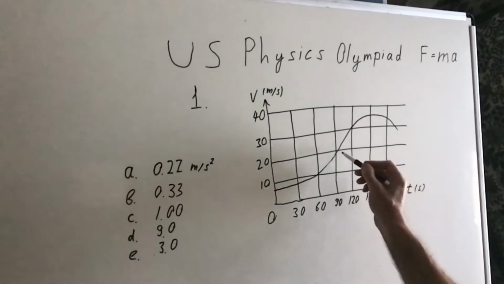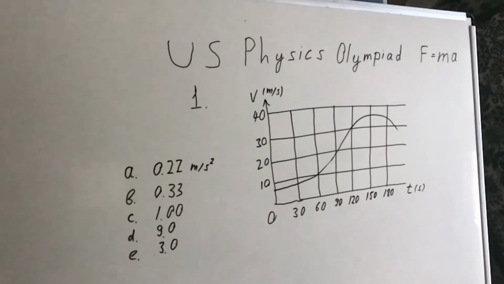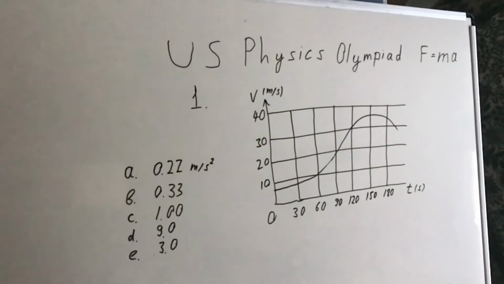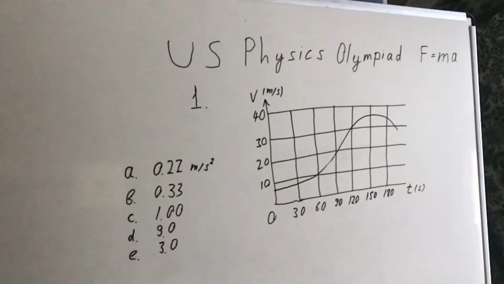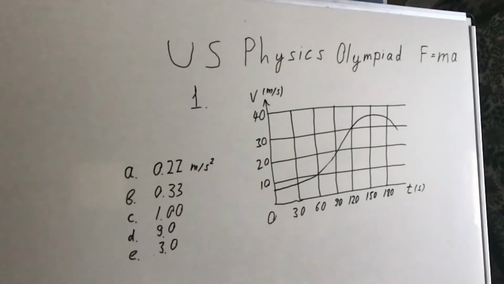So to calculate the slope at 90 seconds, we can just draw the line between this point, 60 seconds, and 120 seconds, and find the slope. Because on the left side we have 5 options, and they are very different from each other, we don't need to calculate it precisely.